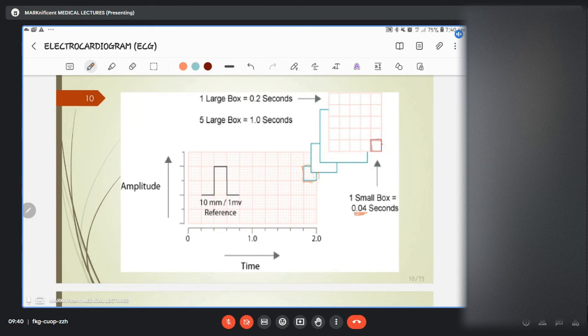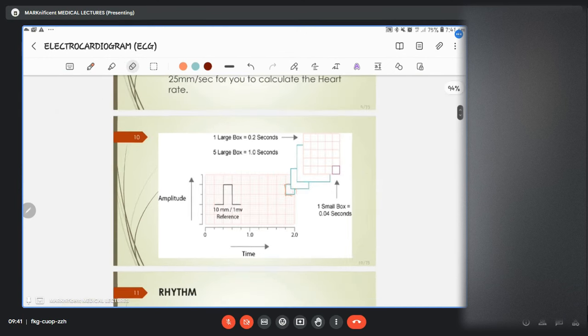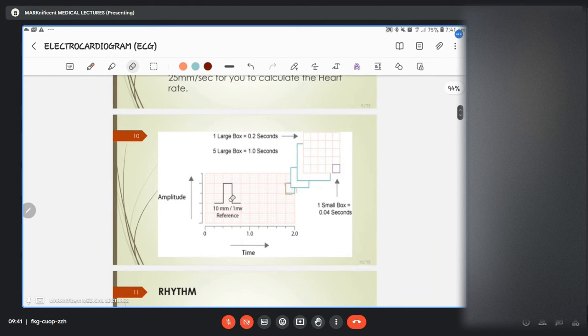And then if it's the whole 5 here, then you have 1 second itself. On one large box, you have 0.2, which is times 5. 0.04 times 5 is 0.2. So you have 0.2 here. All right. So the measurement is 10 millimeters if you're going this way.